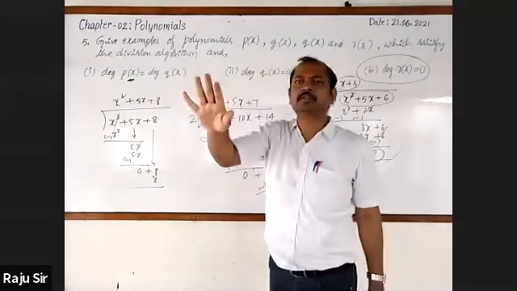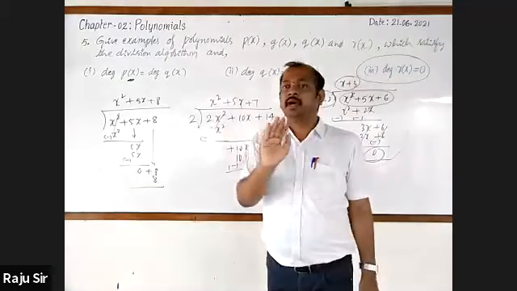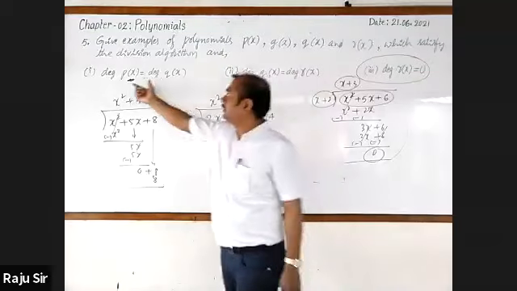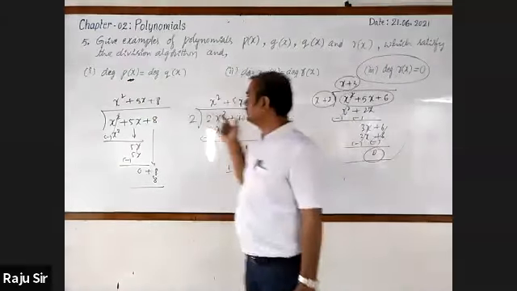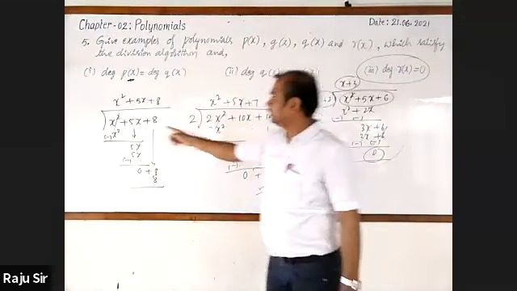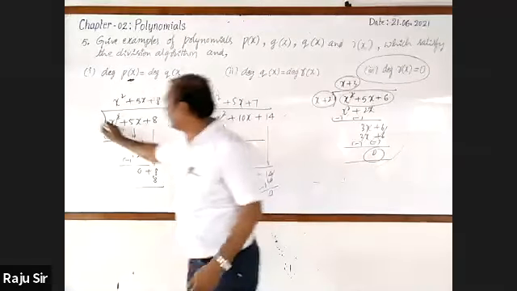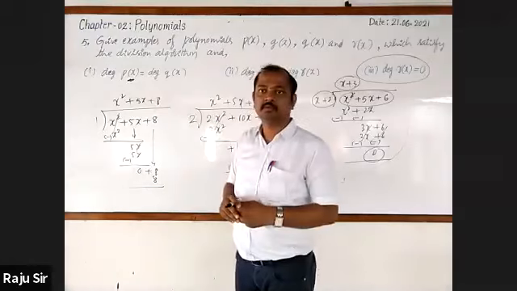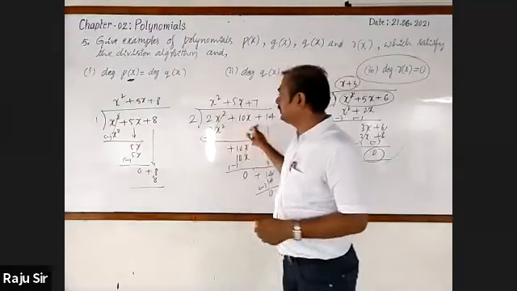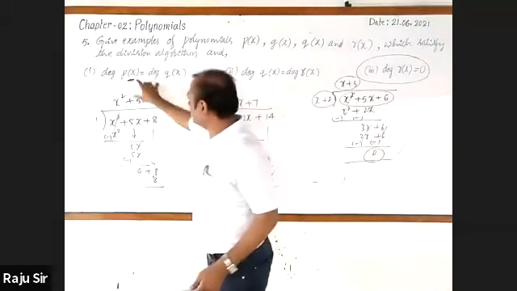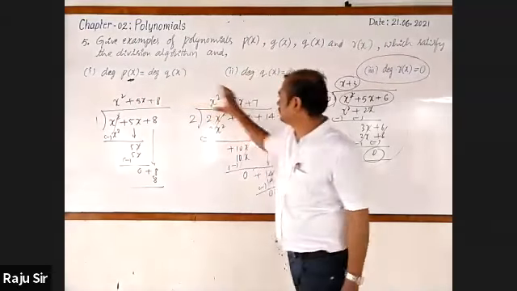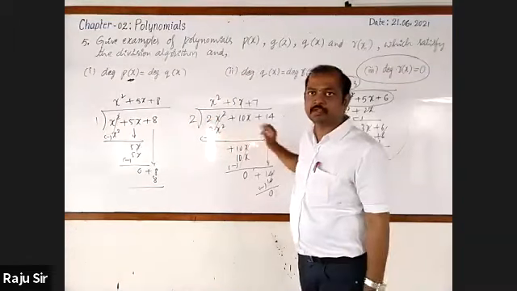Take any polynomial and divide it by a constant, the degree of p of x will be equal to the degree of q of x. This polynomial has been divided by a constant. So this condition holds good. The same condition holds good here also.